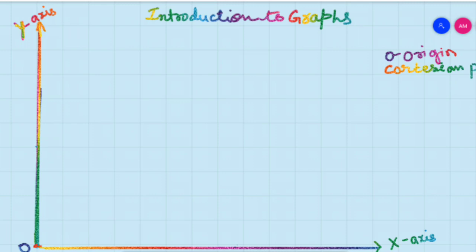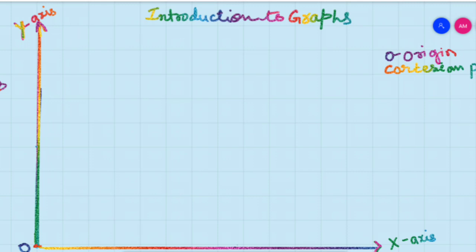This you have to remember, children. This is known as Cartesian plane. The lines OX and OY are together known as coordinate axis. See, this is y-axis, and this one is x-axis. Now, axis is the singular form and axes is the plural form.